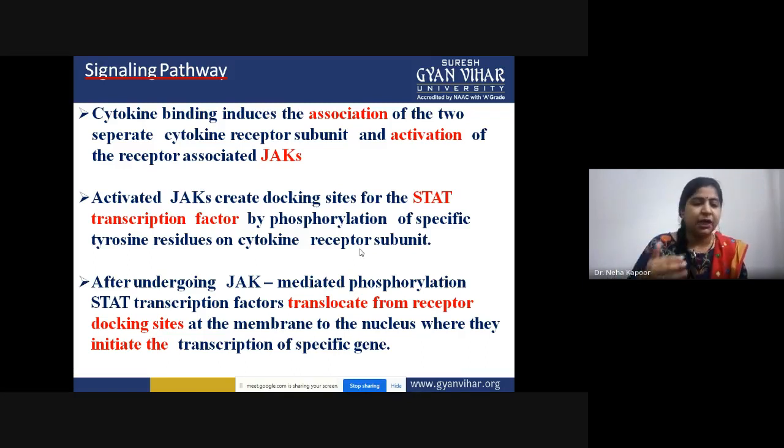After JAK-mediated phosphorylation, STAT translocates from the receptor docking site at the membrane to the nucleus, so that transcription of the particular cytokine-secreting gene can happen.